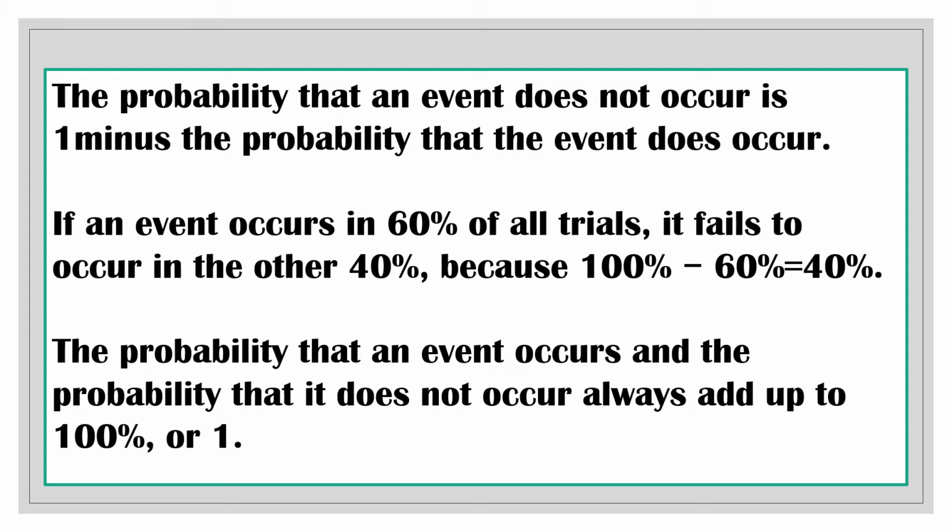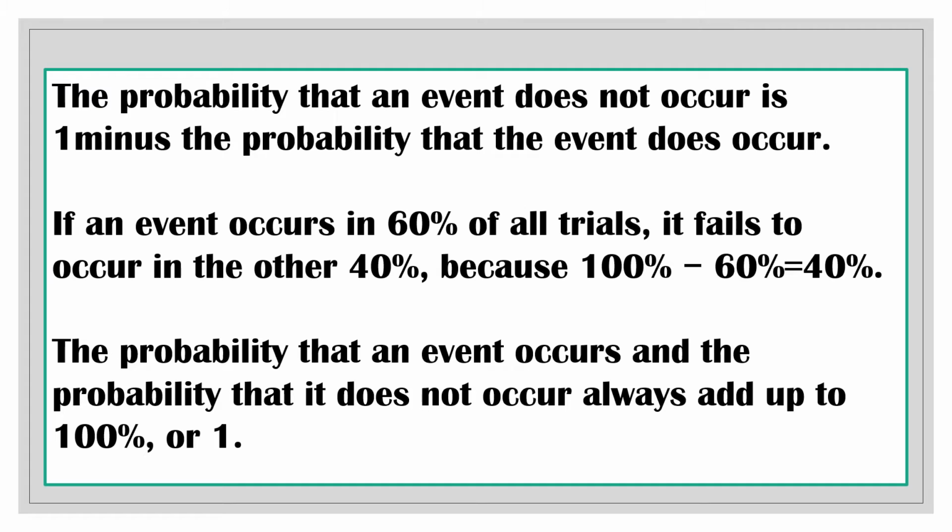Next, if an event occurs or happens in 60% of all trials, it fails to occur or happen in the other 40%, because 100% minus 60% is equal to 40%.